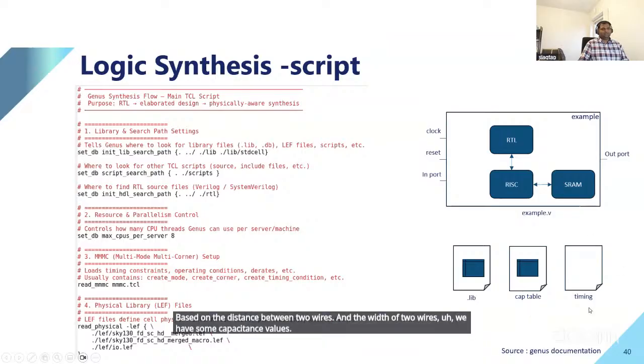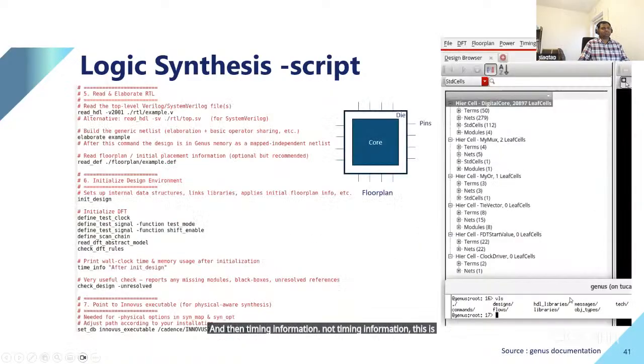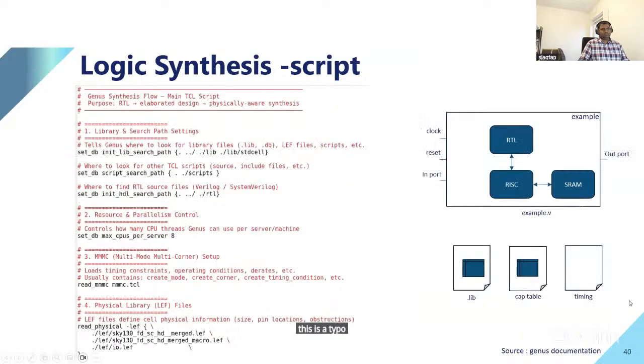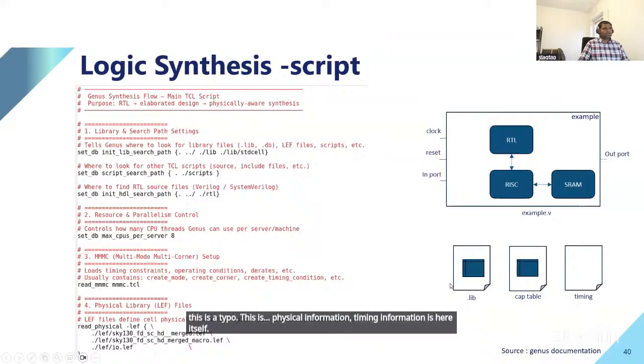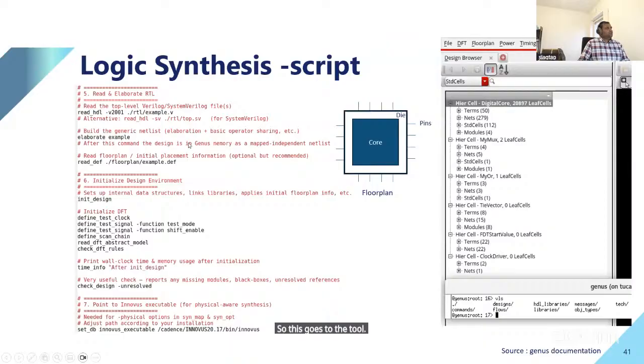And then timing information, not timing information, this is actually physical information. That is a typo. This is physical information; timing information is here itself. So this goes to the tool, and you read your design. When you read your design, you elaborate the design.